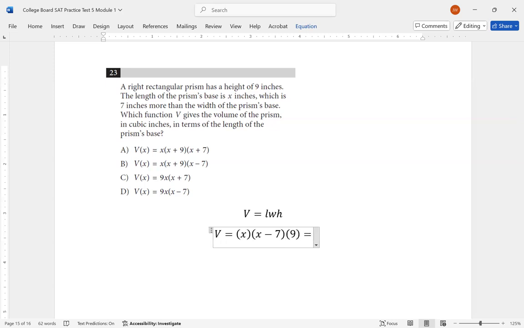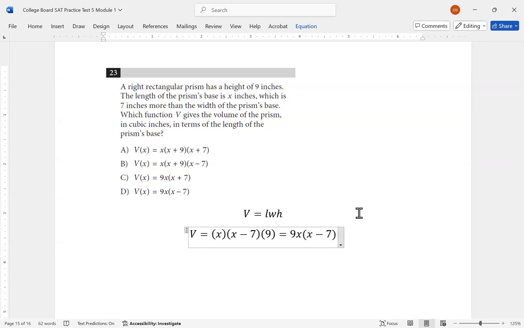Now, in our case, these things are multiplied, and the order of multiplication doesn't matter. So if we rewrite this, we can put the 9 in front, and then the x, and then the x minus 7. You can see that the volume function is given by letter D, as in dog: 9x times quantity x minus 7.